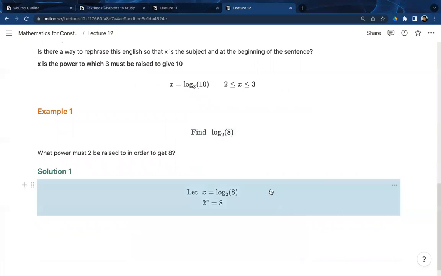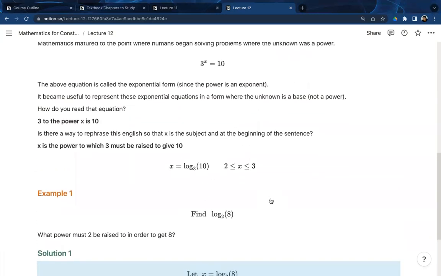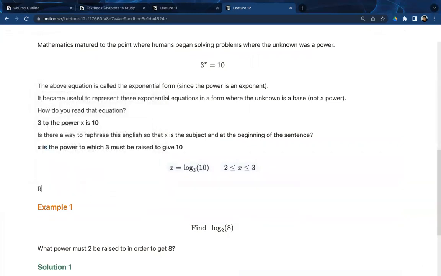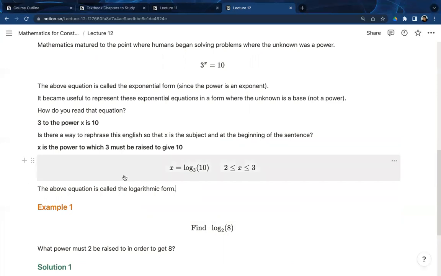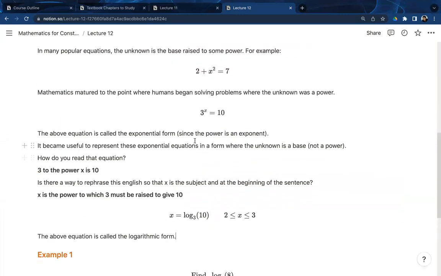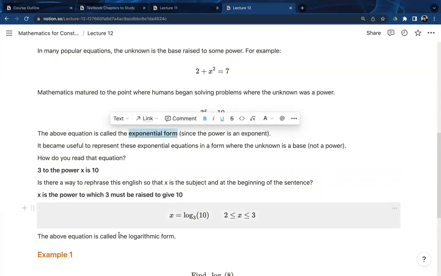So, back and forth, this is called the logarithmic form of the equation, right? I'm going to write that here. It's called a logarithmic form. This is very different from the exponential form. I'm going to bold and underline this.